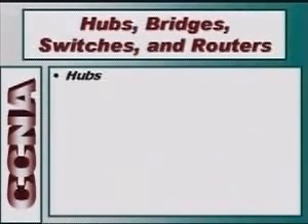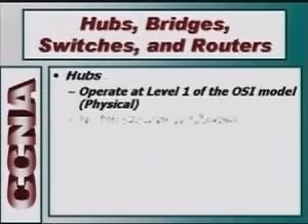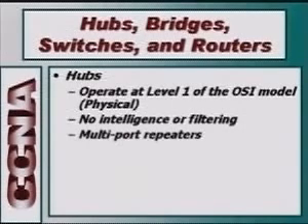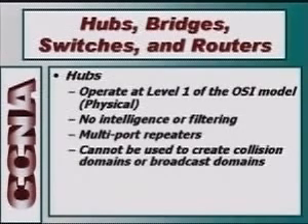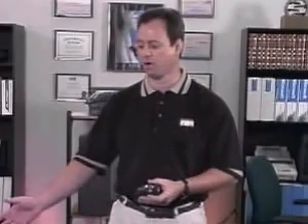hub. A hub is just an electronic bucket. A hub is just a way of distributing electrical information. In other words, if I took a bucket and I filled it full of water and I put it on the floor and then I shot it full of holes, where would the water come out? And obviously the answer should be out of the holes.